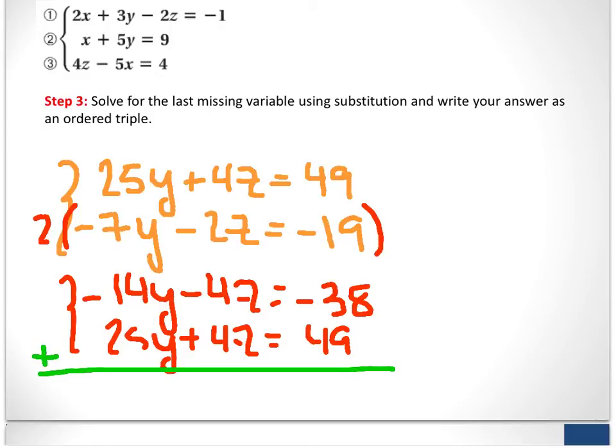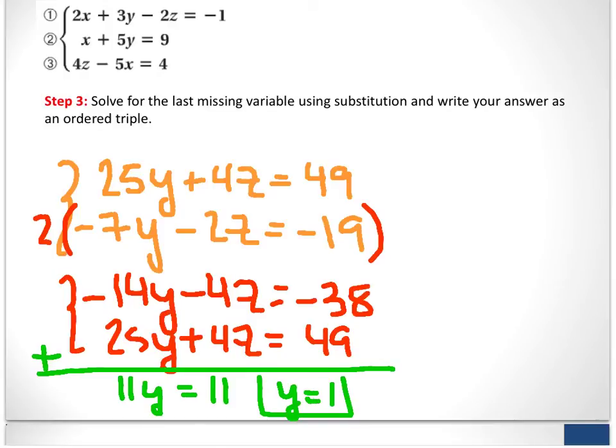And that's going to give me 11y equals 11. So y is going to be 1. Yay, I found one of the variables. Now I'm going to take the variable that I know and plug it into one of these equations. It doesn't matter which.